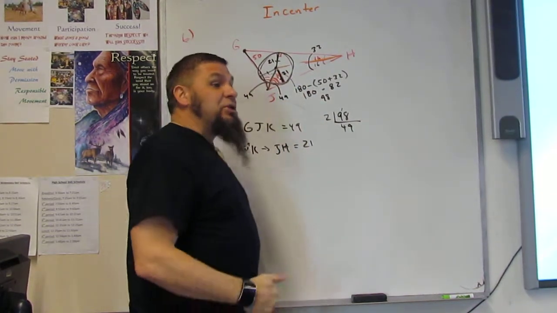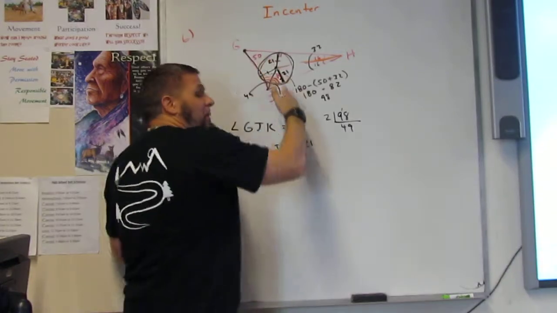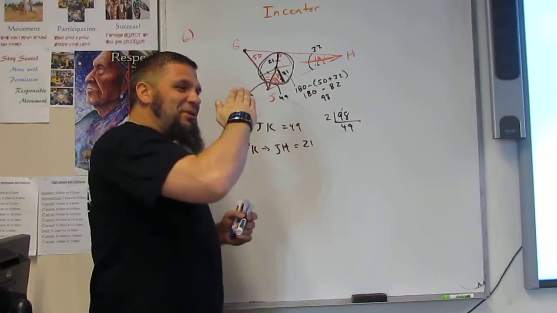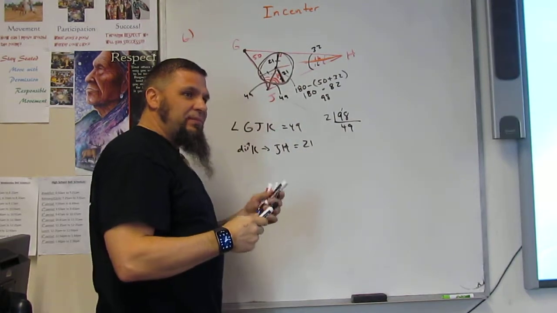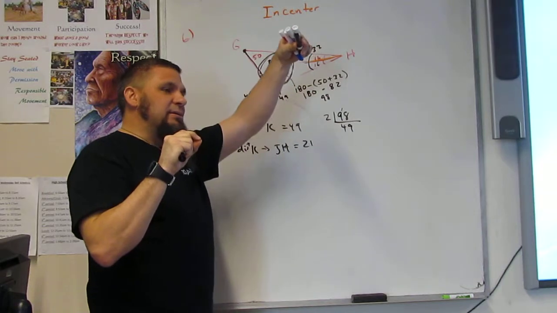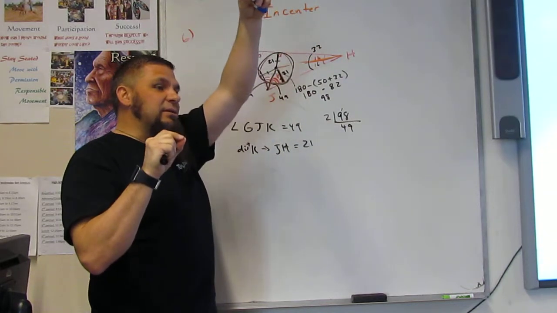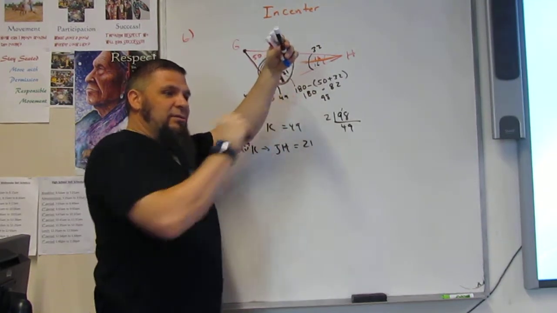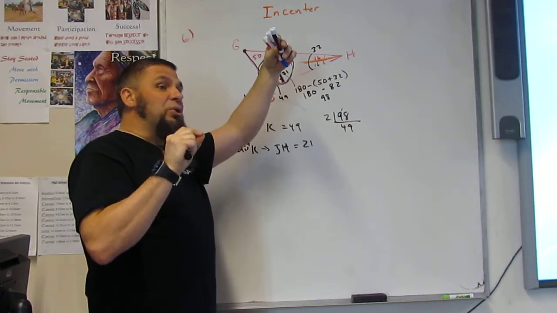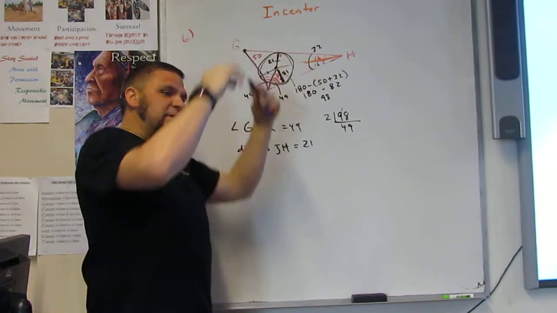And the shortest distance, in this case, will be perpendicular, because any other distance is going to be a little longer. Does that make sense? If I'm going from this spot to this line, I could go way over here, but if all I want to do is hit the line, the shortest distance is a perpendicular distance.